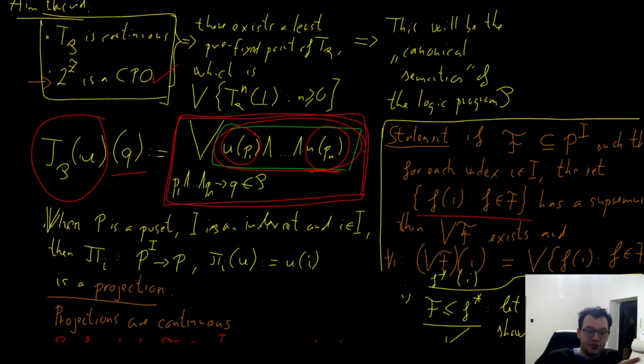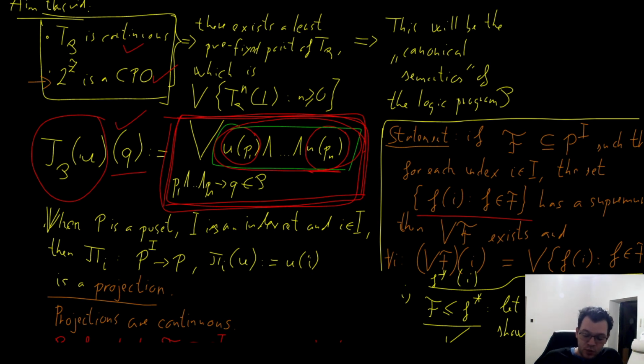For each q, I have this function, and the result of TP of I is a single vector, which is just the target tupling of these functions taken for each q. Since I already know that the target tupling preserves continuity, I get that TP is also a continuous function.